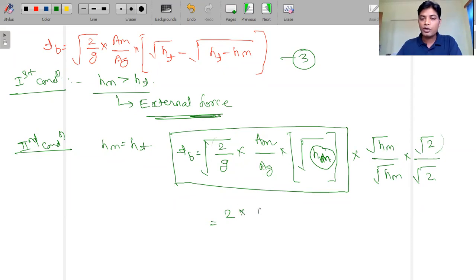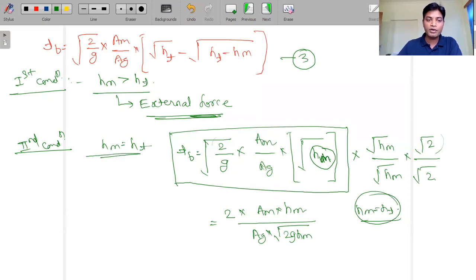Am is already there. Root Hm and root Hm becomes Hm. And here is the Ag, and root 2 and root g root Hm, I'm taking inside, so this is 2g Hm. Here Hm is equal to Ht, because that is the second condition.